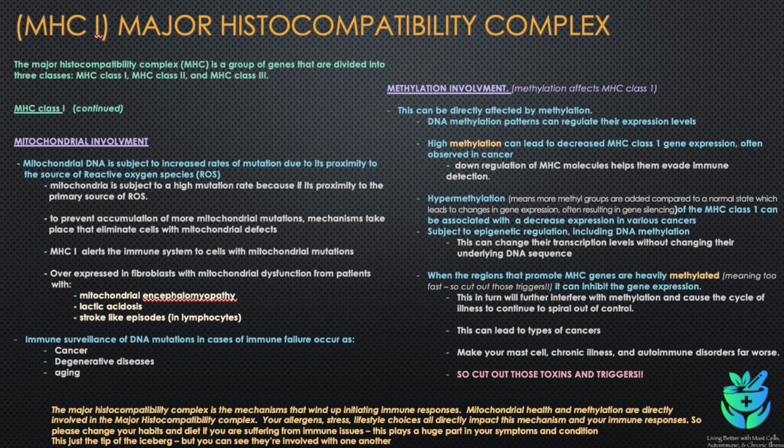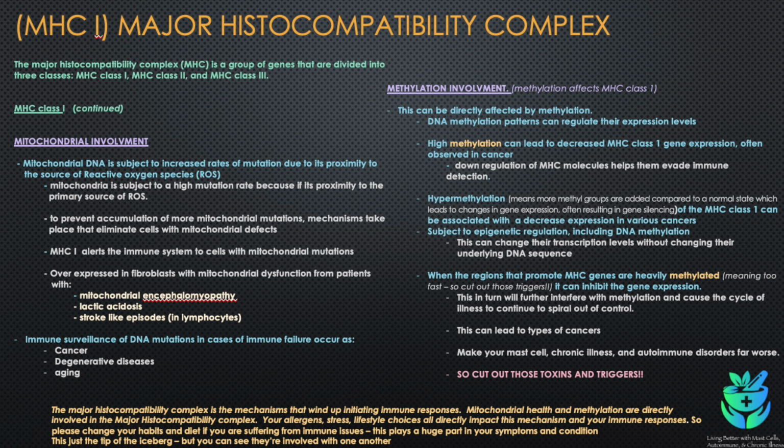It is overexpressed in fibroblasts with mitochondrial dysfunction from patients with mitochondrial encephalomyopathy, lactic acidosis, and stroke-like episodes. Immune failure in surveillance of DNA mutations occurs as cancer, degenerative diseases, and aging. We are talking about premature aging and rapid aging due to illness.